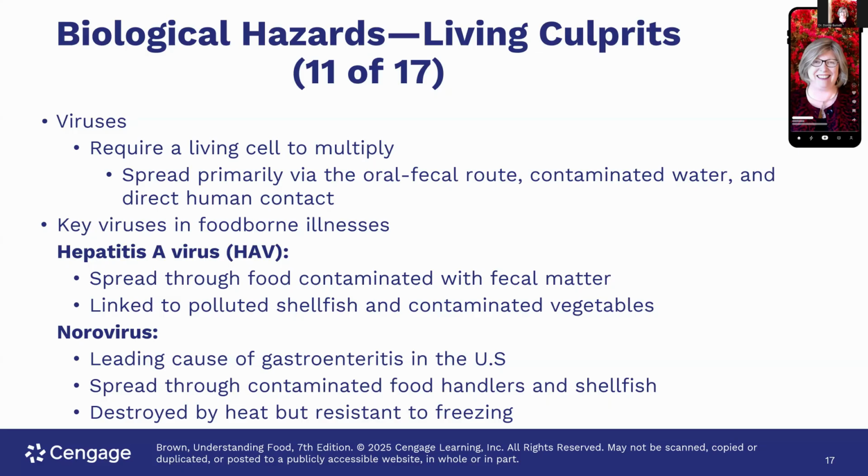They wash their hands in that restroom, and then they come out in the kitchen and wash their hands again in the hand washing sink. Hepatitis A virus spreads through food contaminated with fecal matter. It's linked to polluted shellfish and contaminated vegetables. And again, the fecal matter could be from an animal, wherever the vegetables are grown. Norovirus is the leading cause of gastroenteritis in the US, and it is spread through contaminated food handlers and shellfish. It's destroyed by heat but resistant to freezing.